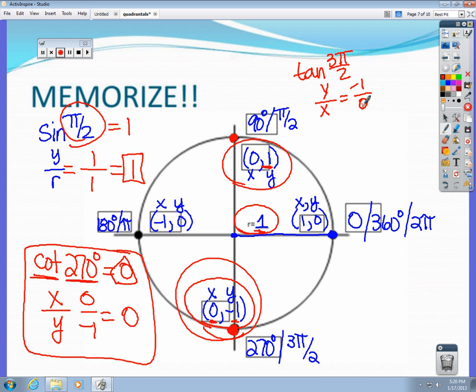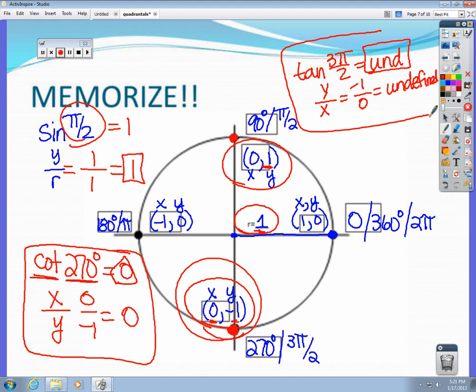Even though I used the same numbers as the cotangent of 270, they're not in the same position. So -1 divided by 0, if you try to put that in the calculator, it's going to say error, and that is because you cannot divide by 0. So when the 0 is on the bottom of your fraction, then your answer is undefined. Okay? And you can write that as UND.